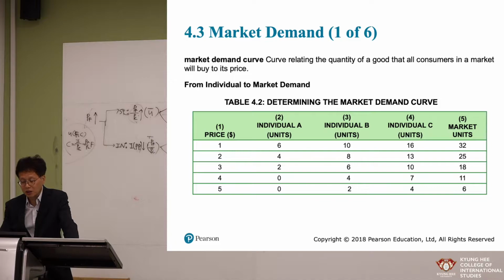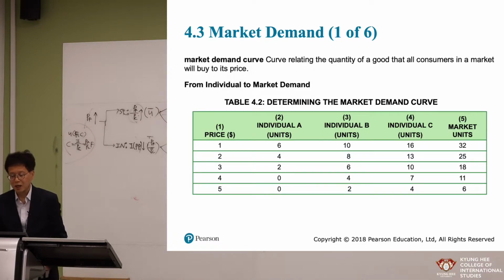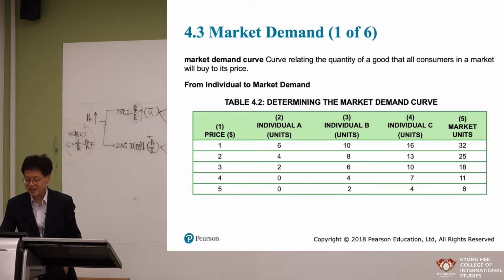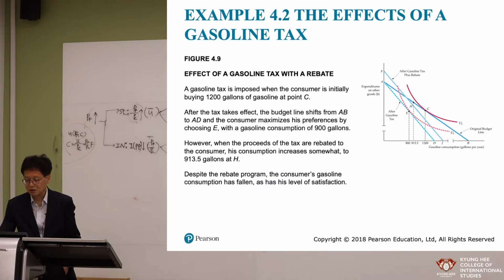So when the price is $1, 6 plus 10 plus 16. When the market price is $2, then this one plus this one plus this one like this. Can you understand? So the market demand curve is the summation of individual curves at the same price. Okay? So individual A's demand curve, individual B's demand curve, individual C's demand curve.